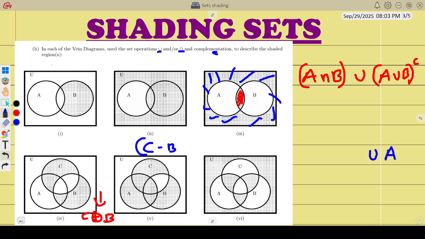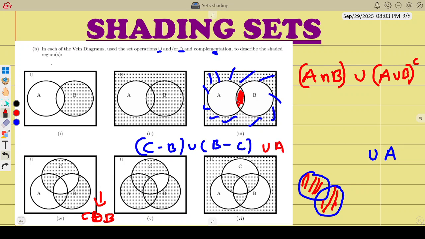So this is C minus B, and then we combine it with B, which is shaded, except the part having C. So what I've described is looking like this: C is shaded, but not here in the middle, and also B is shaded, but not there, and then everything in A is shaded, so you just say union A.